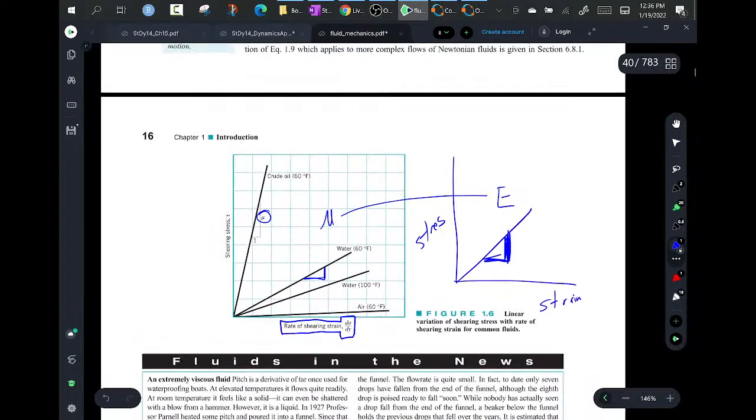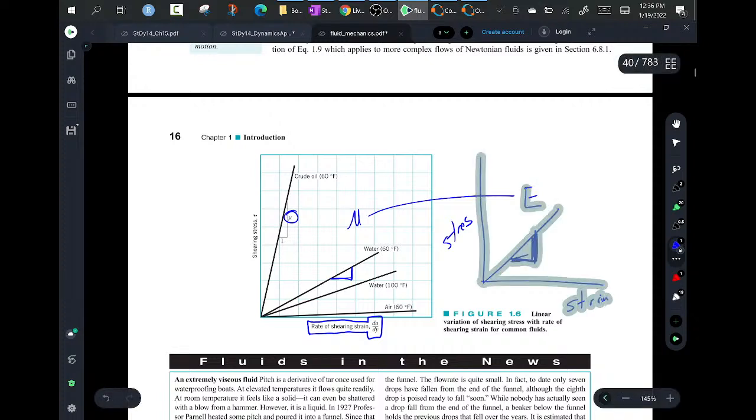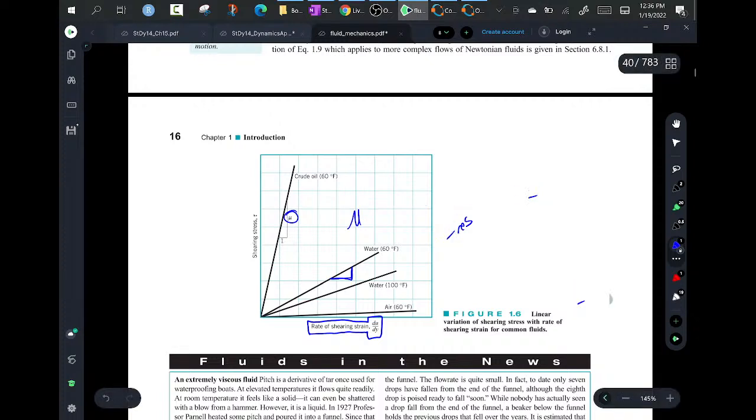Some people define fluids and structures that way. In other words, you take an object and put it under a stress, and you observe whether it moves a bit and stops.